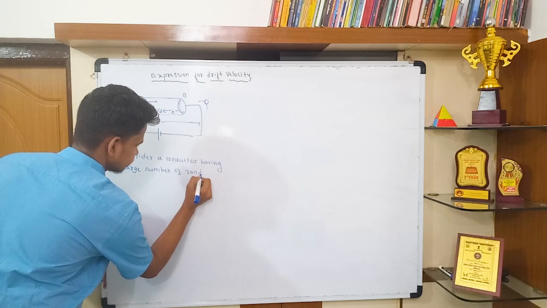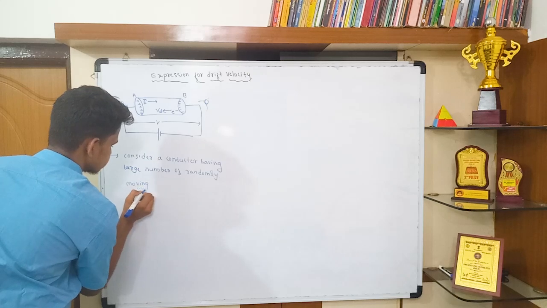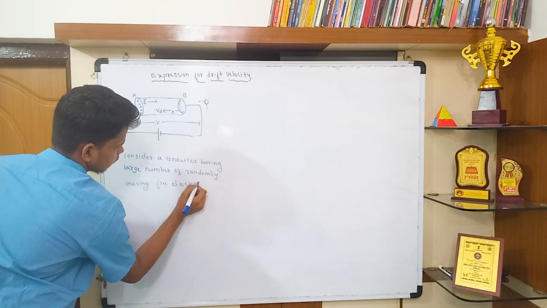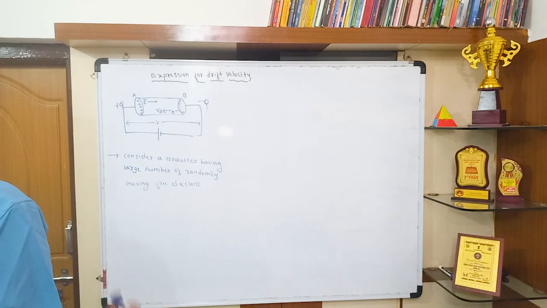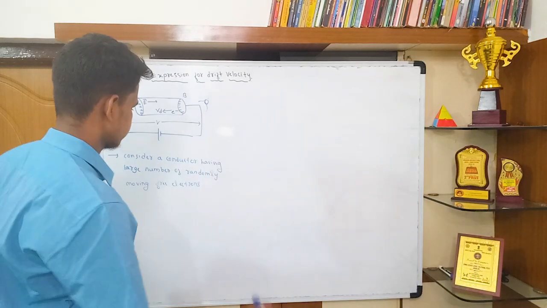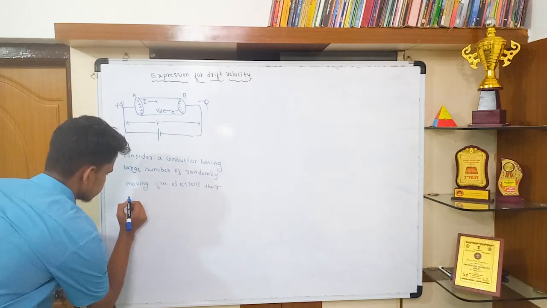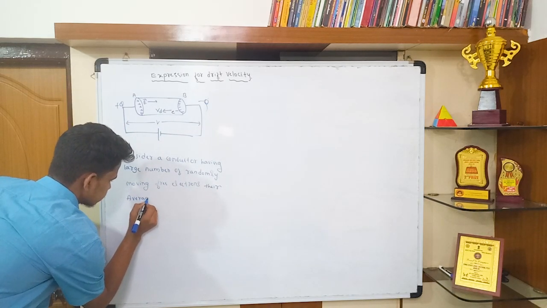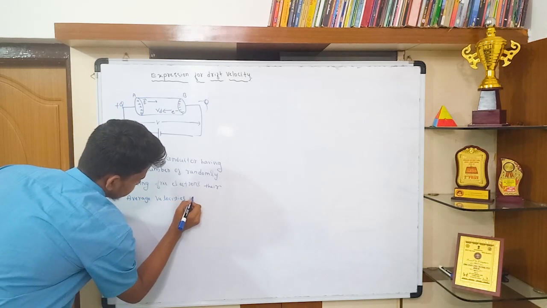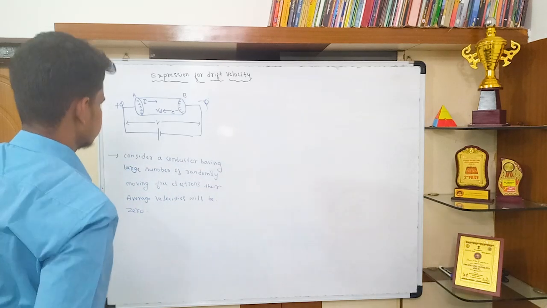Their average velocity will be 0. This much you have to write.